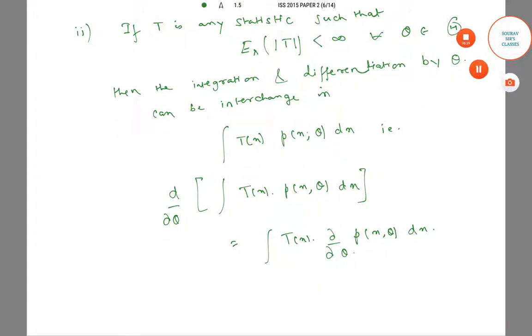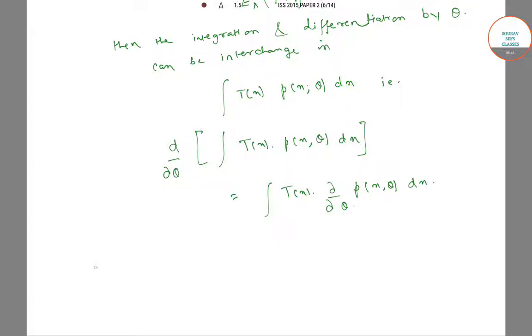And now the Cramer-Rao lower bound, I am writing it as CRLB.